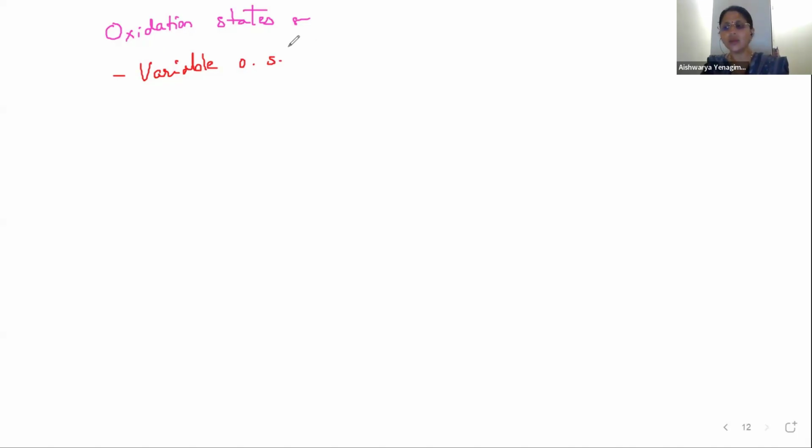So why do transition elements show variable oxidation states? Let me take an example. Take manganese, Mn. There are many compounds of manganese, like MnO, MnO2, Mn2O3, and Mn2O7.